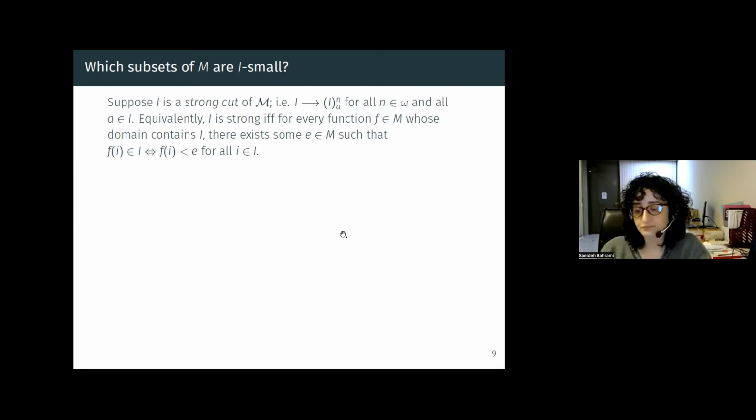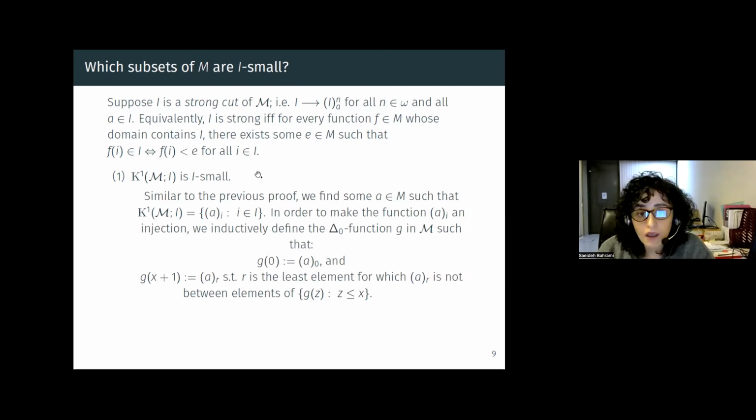So, when I is small and I is strong, we can show that K1 of M and I is I small. The proof is similar to the previous one. We can find some A which codes a sequence whose restriction to I is equal to K1 of M and I. But here we have to make this sequence one-to-one.